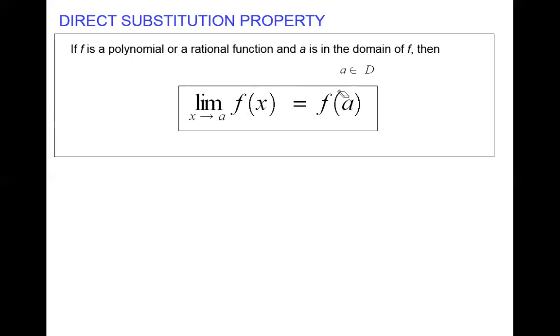That means I can simply say the limit is the same as the value. But hopefully we understand the concept and we know that they are not really the same.